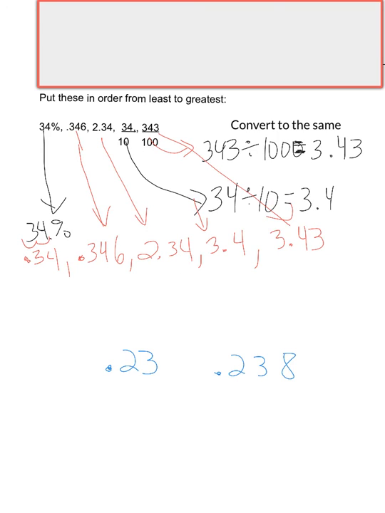Now, our next two numbers are 3.4 and 3.43. 3.4 is smaller than 3.43 because there's nothing here, and here we have a 3. 3 is bigger than nothing, so that is why 3.43 is larger than 3.4. So you can see these numbers are in order from least to greatest.